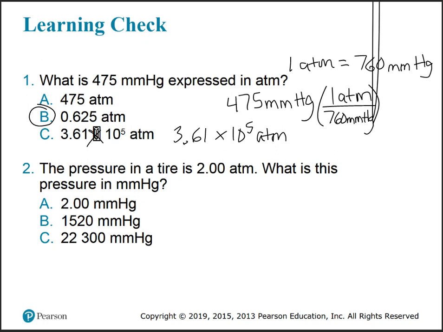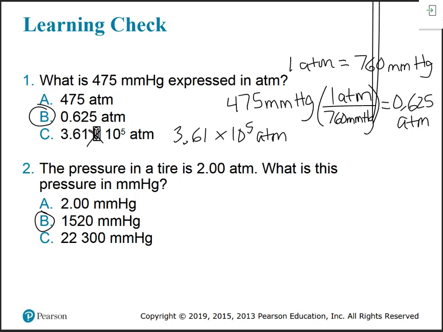And what you're actually doing is dividing 475 by 760. And you should get 0.625 atmospheres. Don't forget to put your units. And then for number 2, Jordan, you already did it, but it is also B.